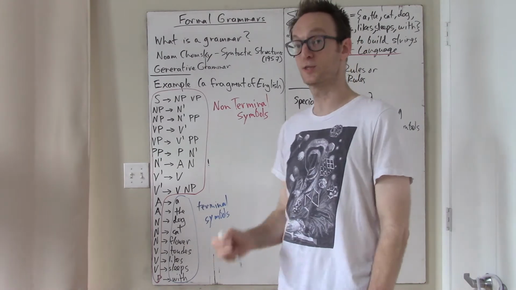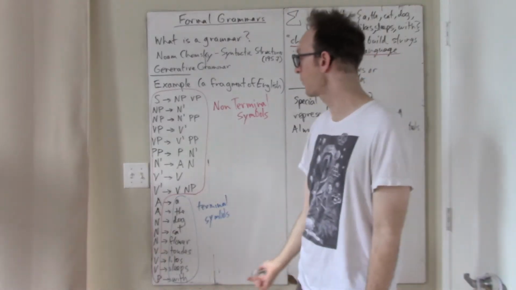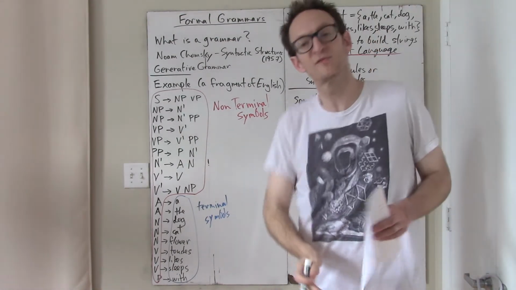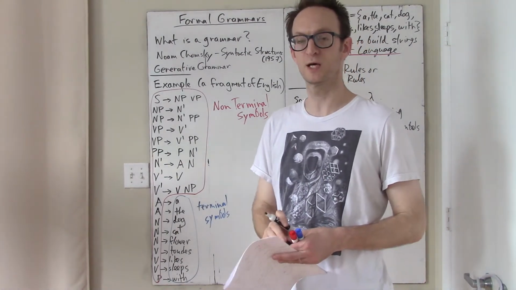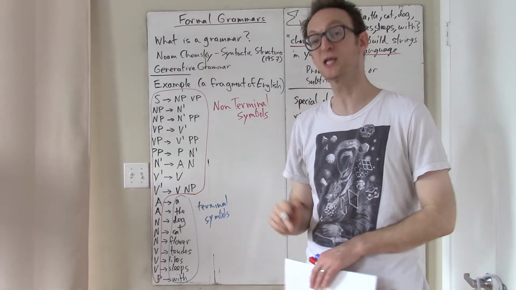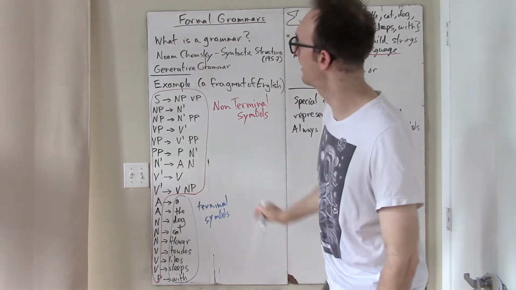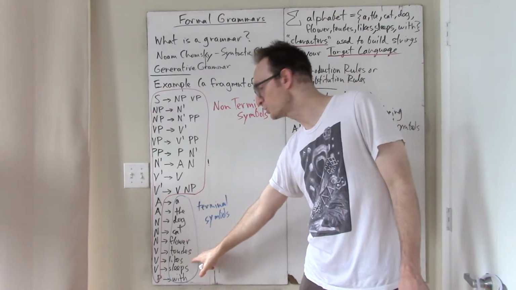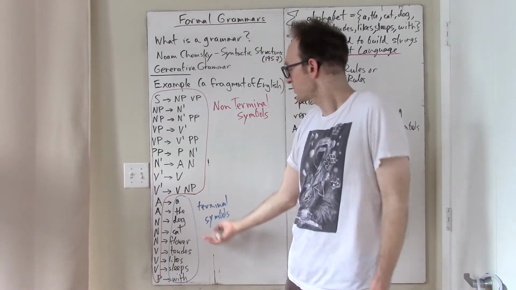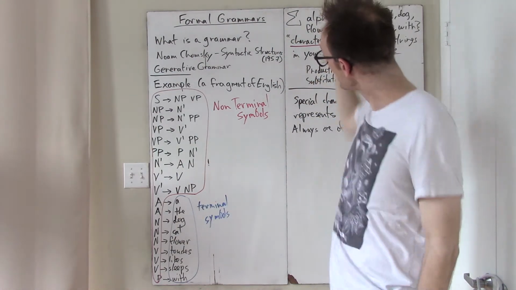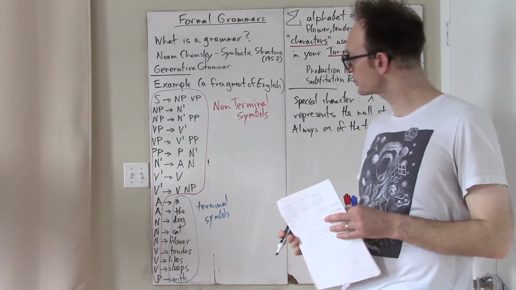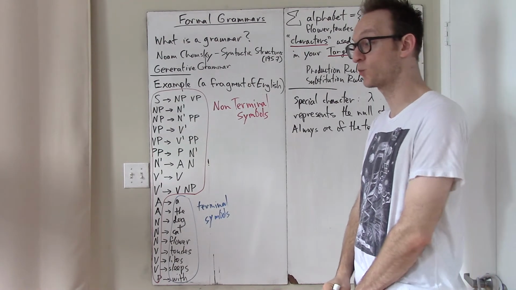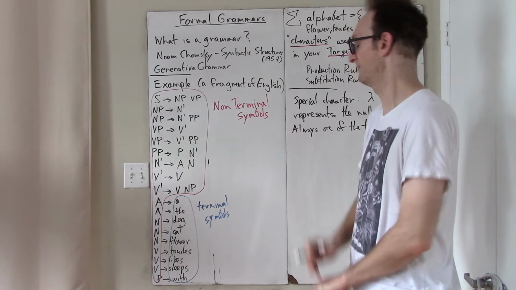We finish generating the string when we have reduced all of the non-terminal symbols to terminal symbols. I erased it, but we did two of these, and you saw how the generation of the string proceeded with lots of non-terminal symbols, and by following the rules, we eventually get down to replacing those non-terminal symbols with terminal symbols. So the terminal symbols are just the characters from the alphabet, but we also think of the null string as a terminal symbol. I'll just leave it at that for now.